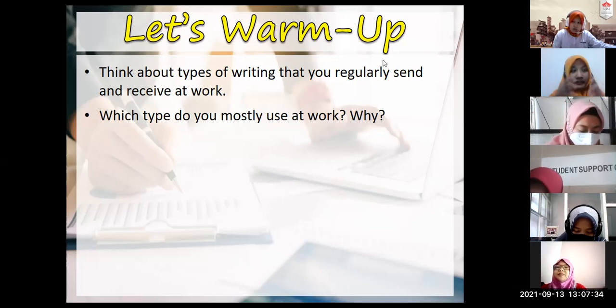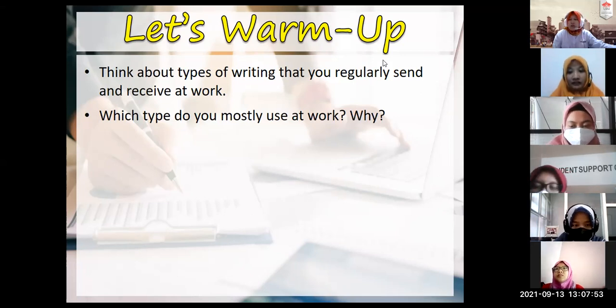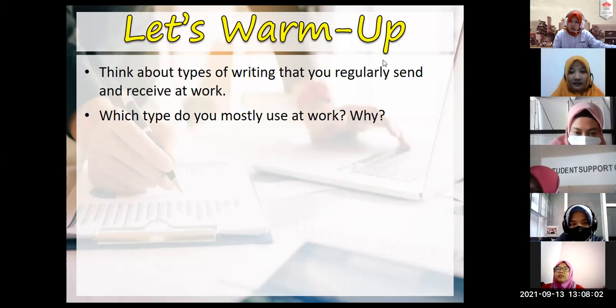So you always use the three of them with the same frequency. But which one do you mostly use, the majority that you use all the time? So, for example, every day, Miss Ayu always uses this. Oh, I always type the email or the letter or memo.